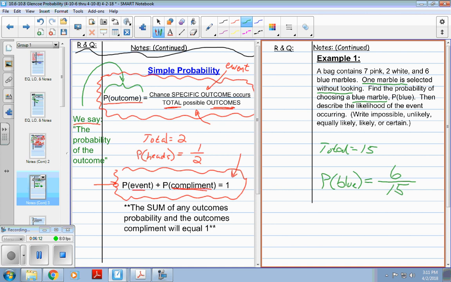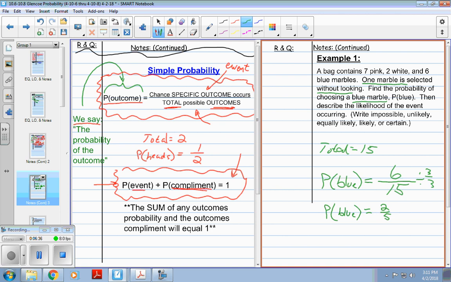And the last step of any fraction problem is to simplify it. So please never leave your fraction unsimplified. So the probability of pulling out a blue marble out of this bag in this example is 2/5. That's the same as saying 40% chance that we pull out a blue marble.